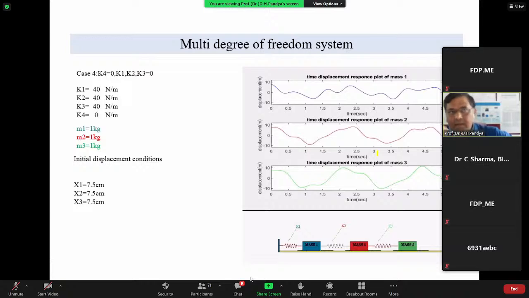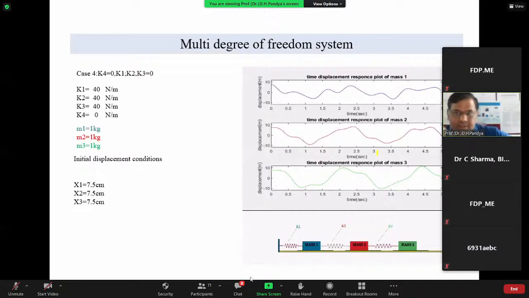So exactly, why is the study of the dynamics of motion essential? I'll give you a typical, non-technical example. All of us are driving a vehicle, a two-wheeler or a four-wheeler.